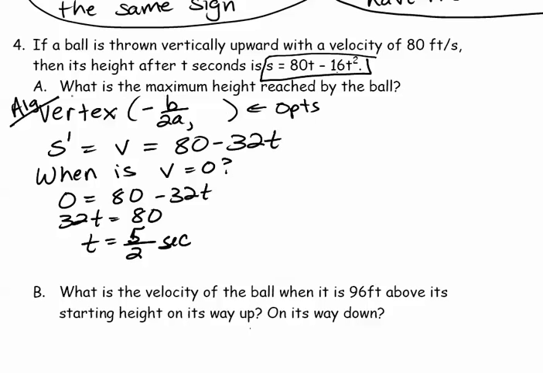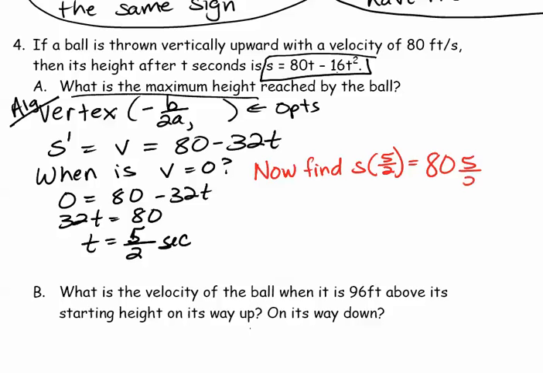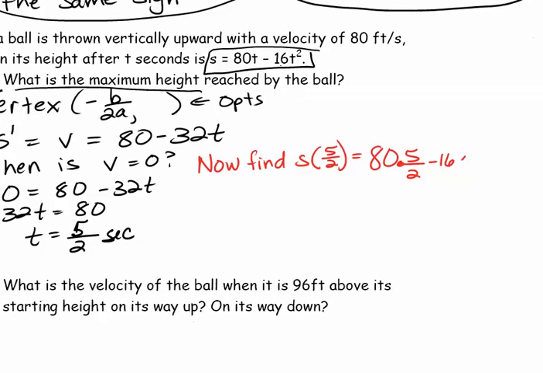But the question says, what is the maximum height? So don't forget, we're not finished. Now find the height. s is the position function, so find s at 5/2 seconds. We want to do 80 times 5/2 minus 16 times 5/2 squared, which is 25/4.